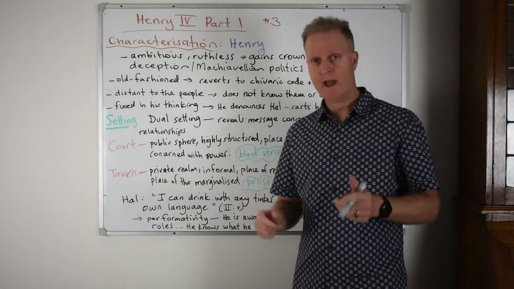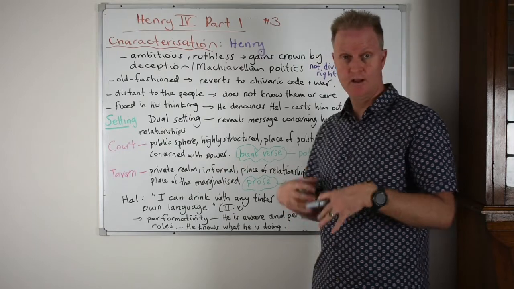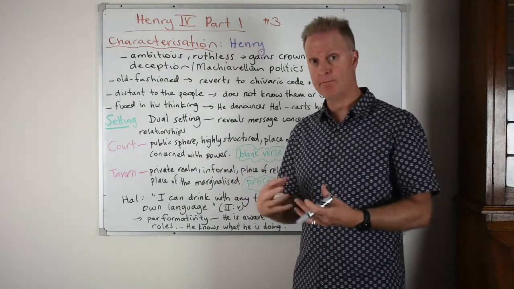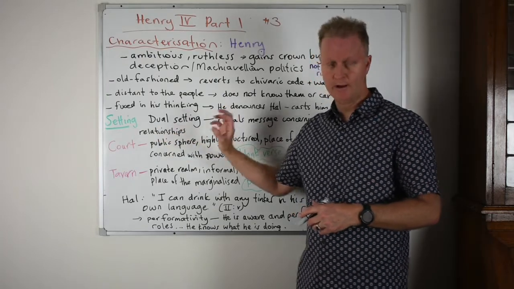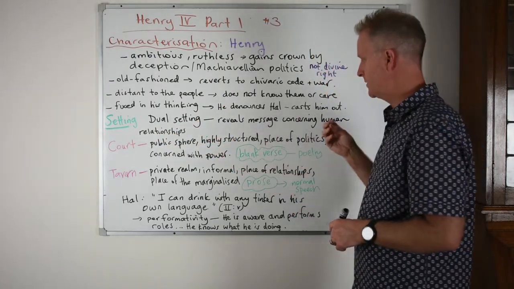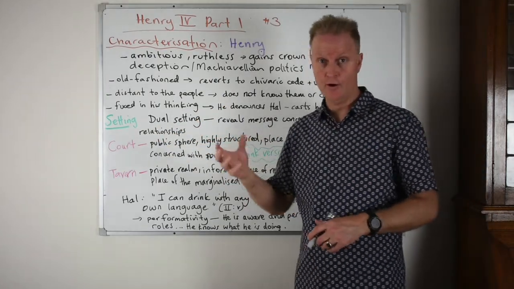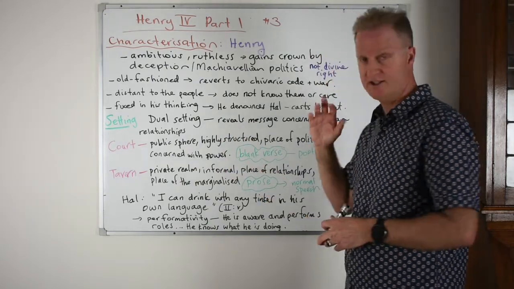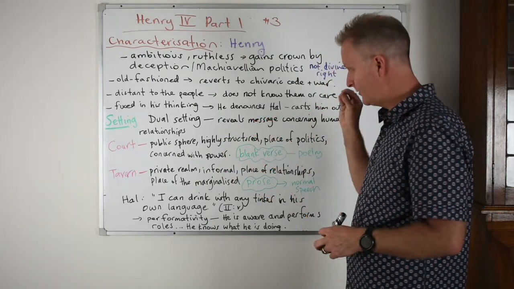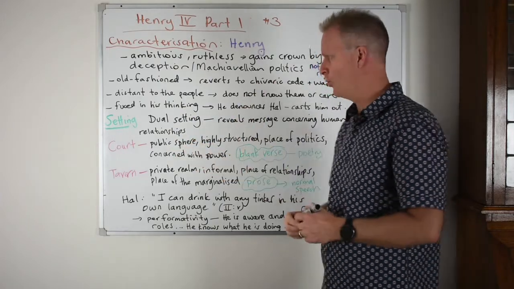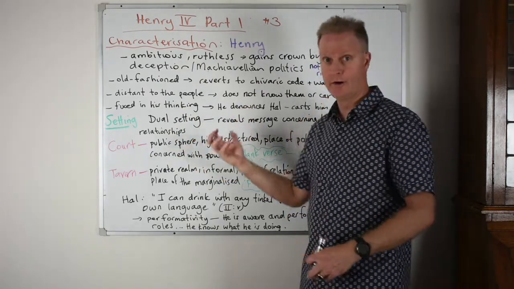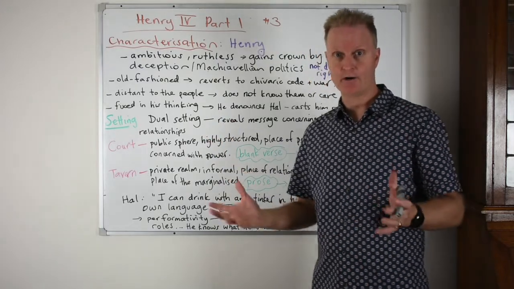So when we look at these two settings, we can look at the dominant and marginalised narratives. So here the court and Henry's realm is the grand narrative of his rule. It is the dominant narrative, and that crusades, chivalry, warfare, the divine right of kings is the narrative.